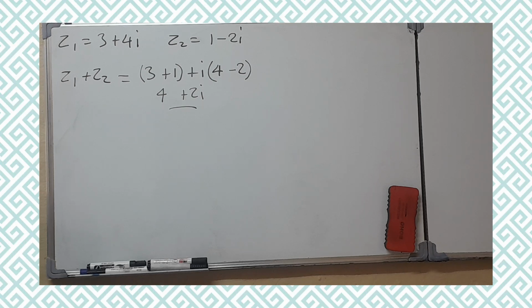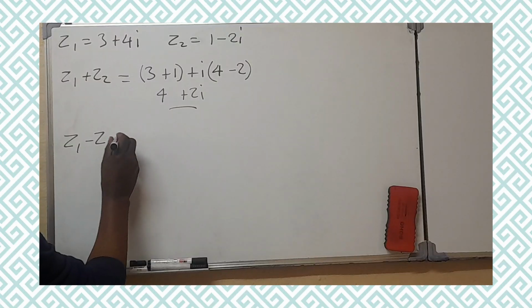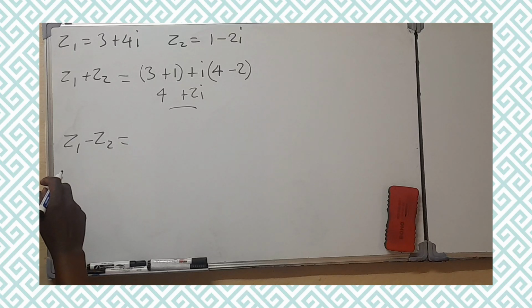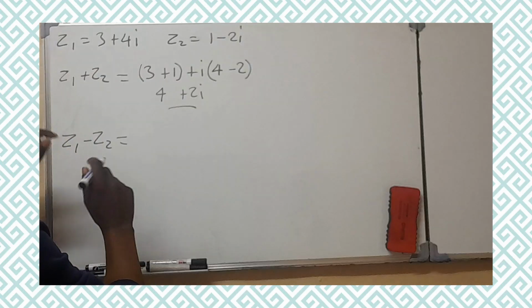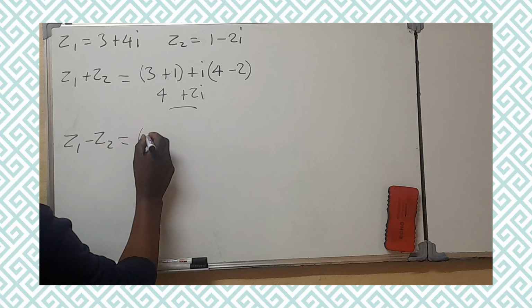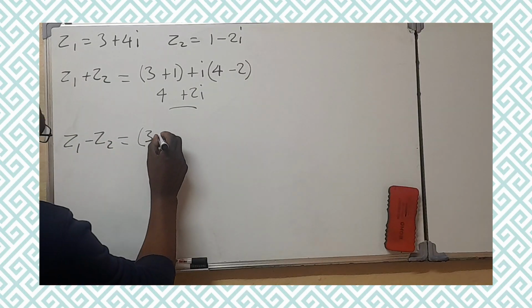Subtraction is a similar process. Z1 minus Z2. So Z1 minus Z2 would be equal to, we take again the real parts. For Z1, the real part is 3. For Z2, the real part is 1. So it's 3 minus 1.